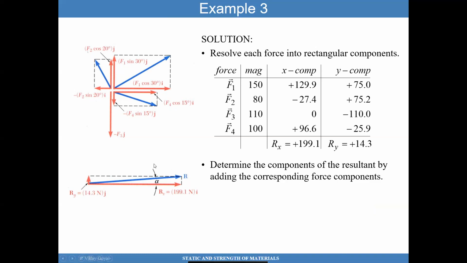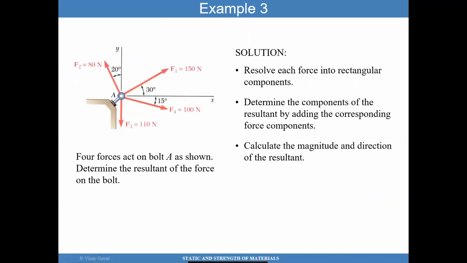So in other words, given a set of concurrent forces, I'm able to decompose and project each of these forces into X and Y, add them all up to get the resultant force to determine which way is the effect.